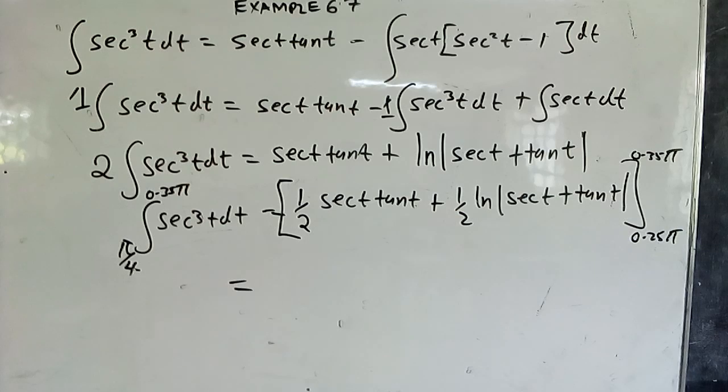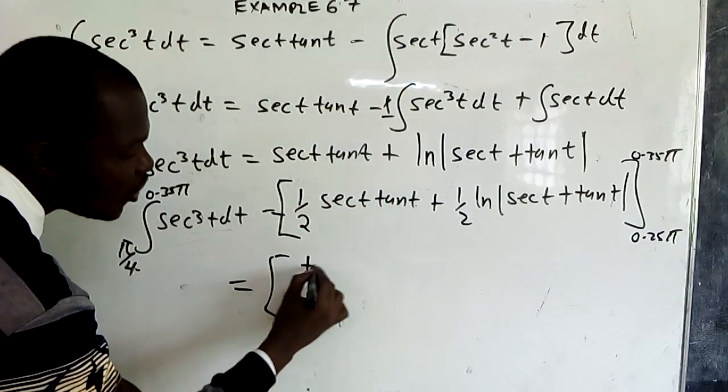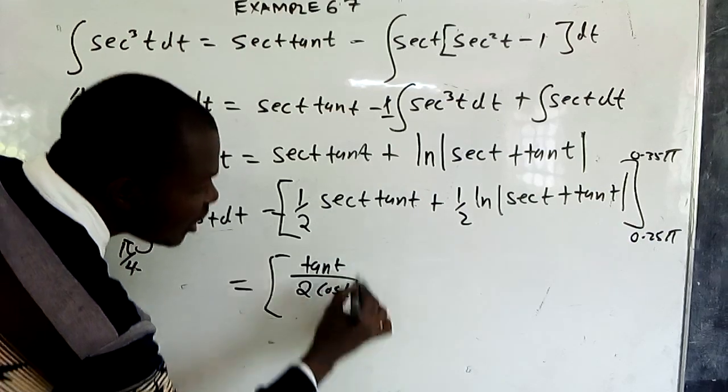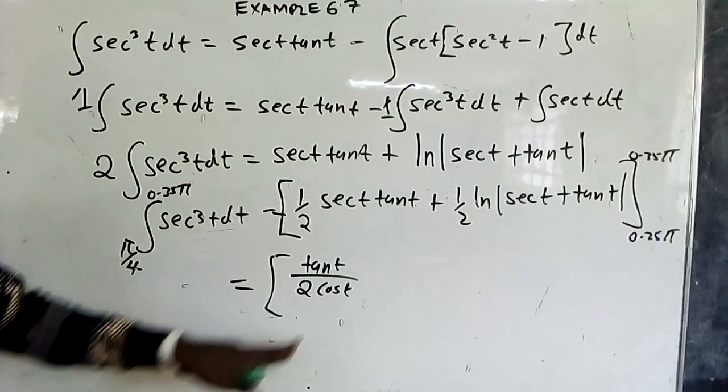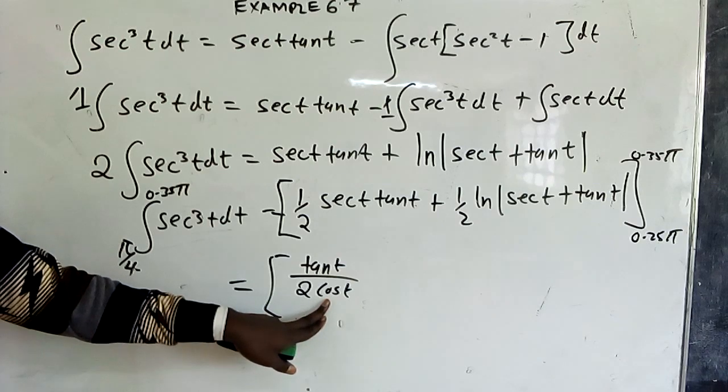Let me show you how this is rewritten so that you don't confuse. A half sec t tan t means you have tan t in the numerator, and in the denominator you have 2 cos t, because sec is the reciprocal of cos. Yes, this is now what you enter in the calculator.